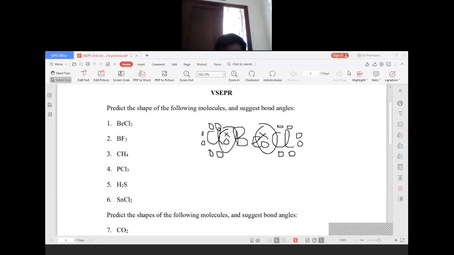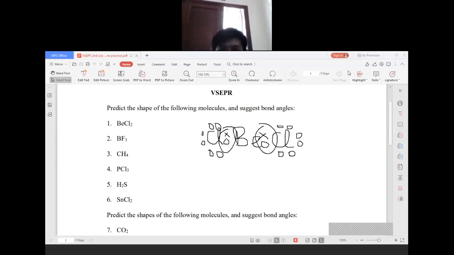Okay. So H2S, hydrogen sulfide. In hydrogen sulfide, there are 6 electrons in the outermost shell of sulfur. 2 of the 6 electrons in the outermost shell of sulfur are occupied by hydrogen.